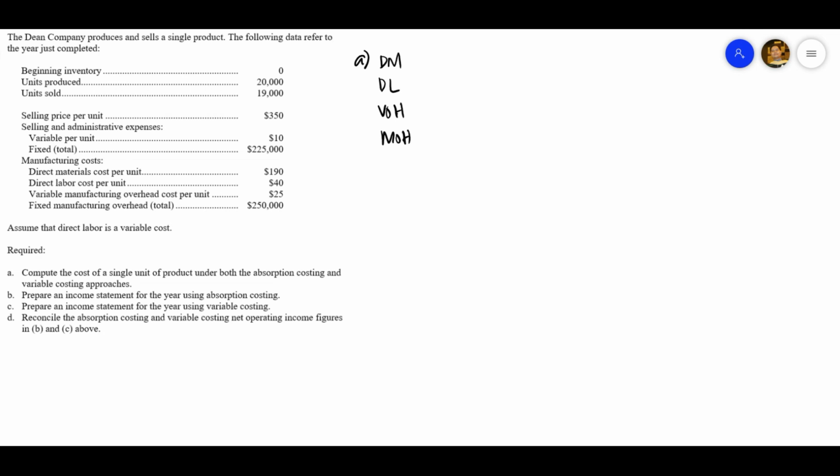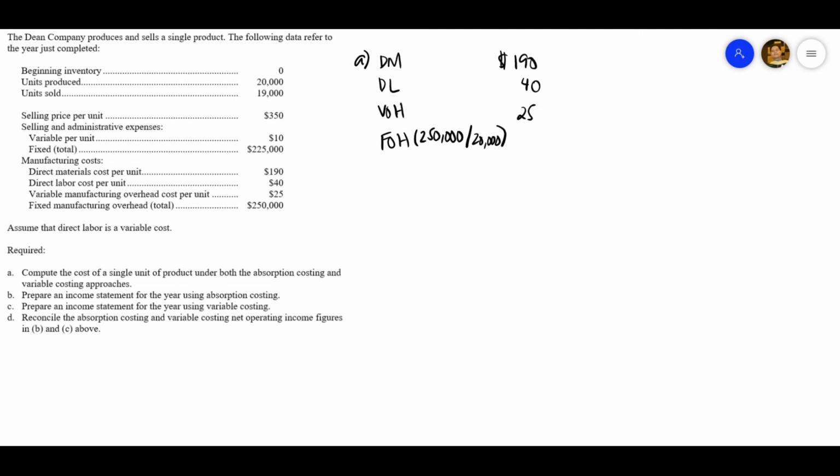In this case, what is our direct material cost per unit? It's $190. For our direct labor cost per unit, it's 40. For our variable overhead cost, it's $25. How about for the fixed overhead? How do we compute for that one? It's your total fixed overhead cost of $250,000 divided by the units produced of 20,000.